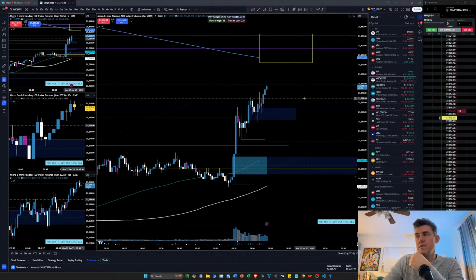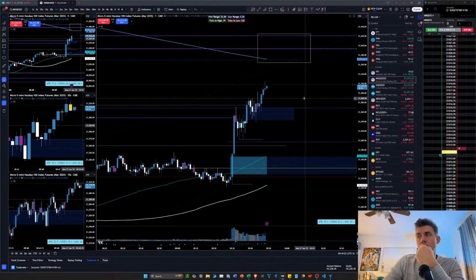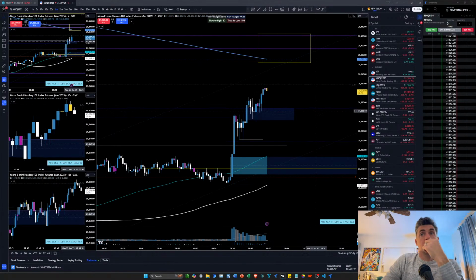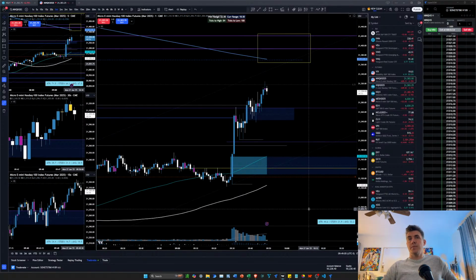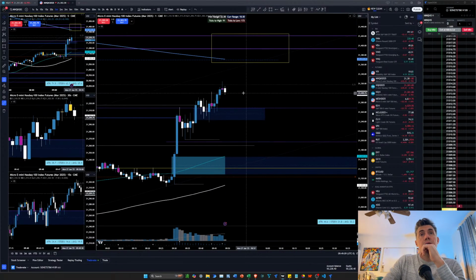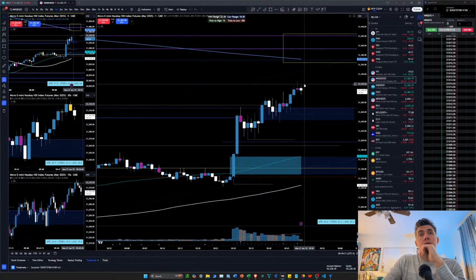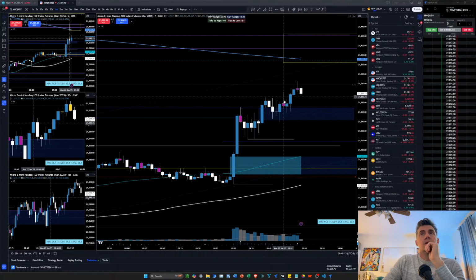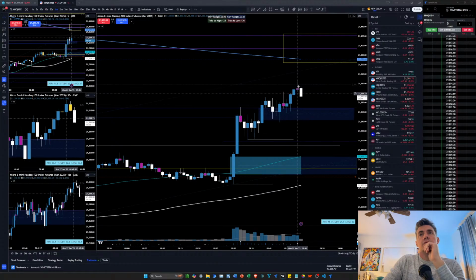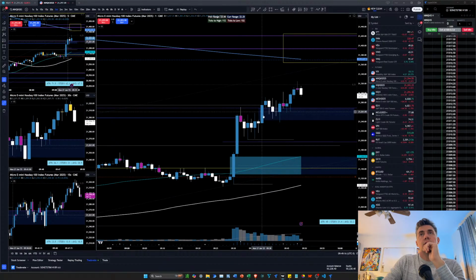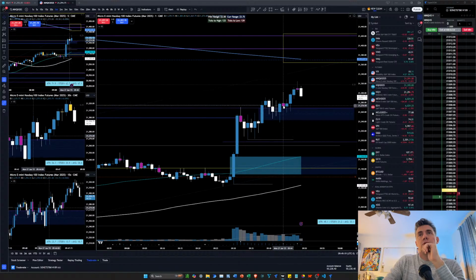Let's see if I got this thing straight. All right. Pretty clean reversal bar here. And this is a wedge too. 1, 2, 3.